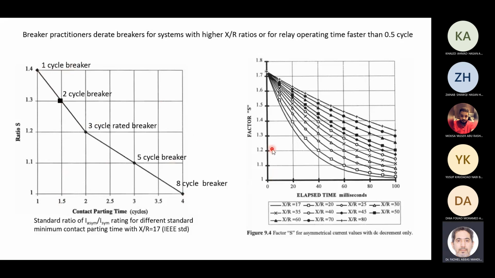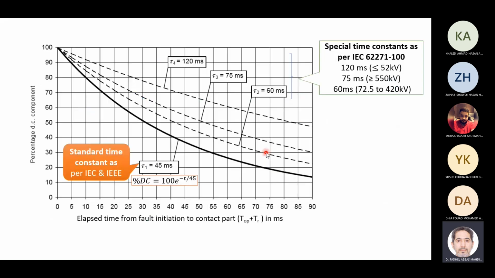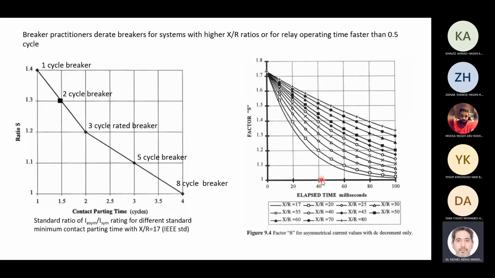And the X to R ratio: now if I have this time, which is the contact parting time, I can evaluate the DC value, the S factor, which is this factor. So they give the S factor for, let's say, a contact parting time of 40 milliseconds, for example, and an X to R ratio of 17.